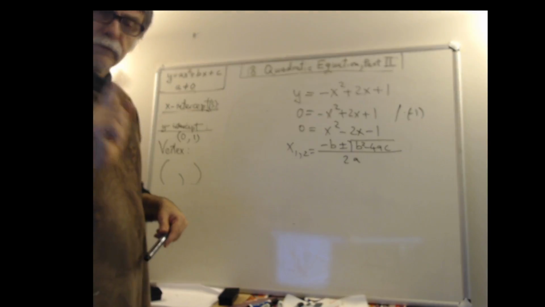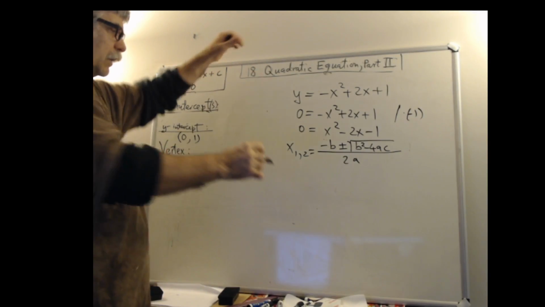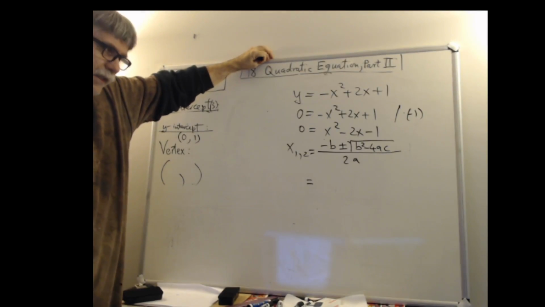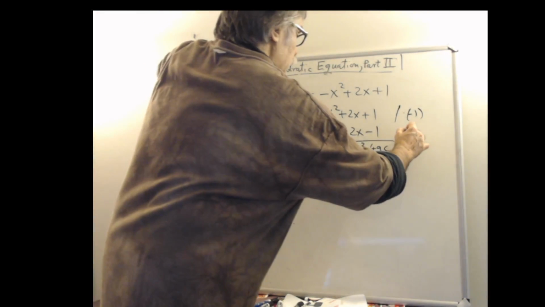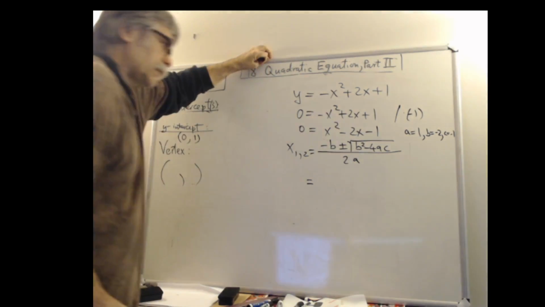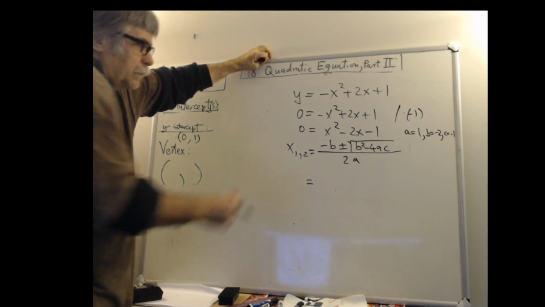I'm going to do it both ways, but I'm going to do the quadratic formula first. The quadratic formula here is actually harder than completing a square. It's easier to complete a square. So you have a here is 1, b here is negative 2, and c here is negative 1. Okay?